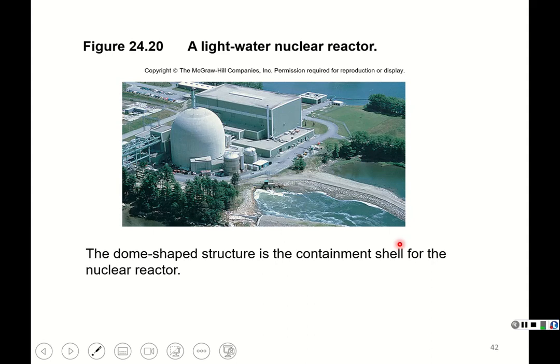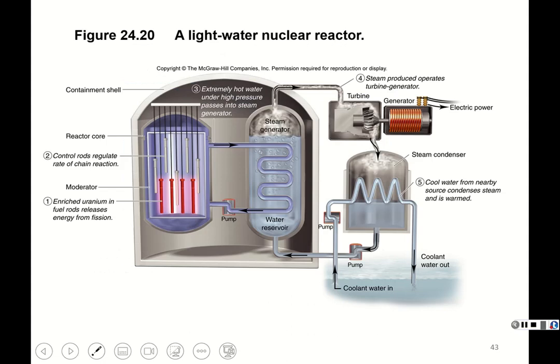Nuclear power plants can harness the energy released during this process and use it to create power. This is a picture of a nuclear power plant. They have a reaction core, where you have enriched uranium-235 in what are known as fuel rods.